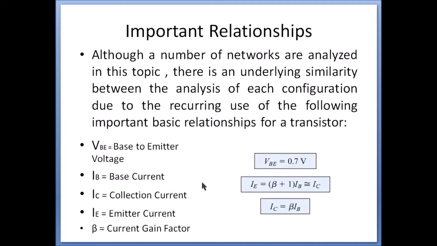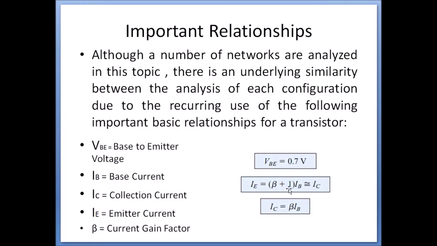Before we design any common emitter circuit, we need to keep in mind a few important relationships. VBE is equal to 0.7 volt. It depends on the material: if the transistor is made of germanium, then VBE is equal to 0.3 volt; if it is silicon, then VBE is equal to 0.7 volt.